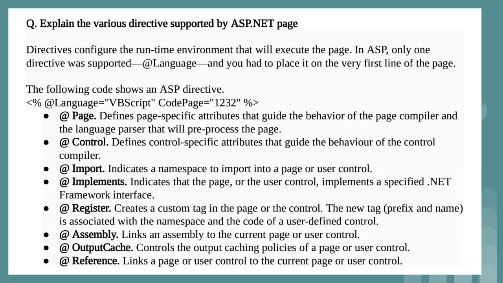So the third directive is @import. This directive indicates a namespace to import into a page or user control. We have already seen that we have two types of coding methodologies, that is code behind and inline coding. In case of inline coding, we never have a .cs page, that is, the coding page is not there.